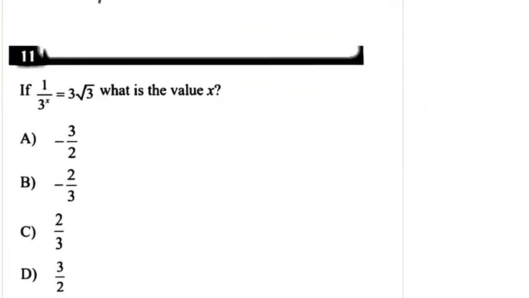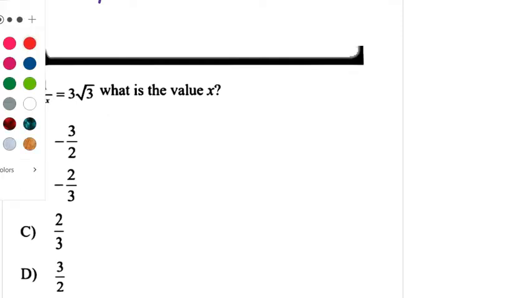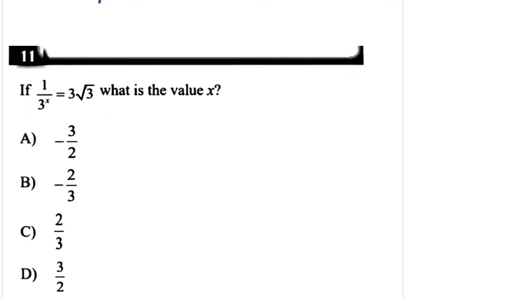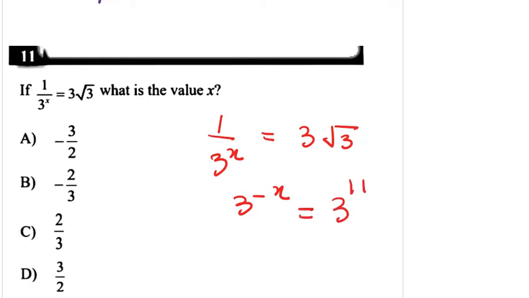Let's move on to our next question. Question number 11. Find the value of x again. I would like to do this with a different color. Okay, choosing the red one. It's given as 1 by 3 to the power x is equal to 3 to the power root 3. So you can write 3 to the power negative x is equal to 3 to the power 1 plus 1 by 2.